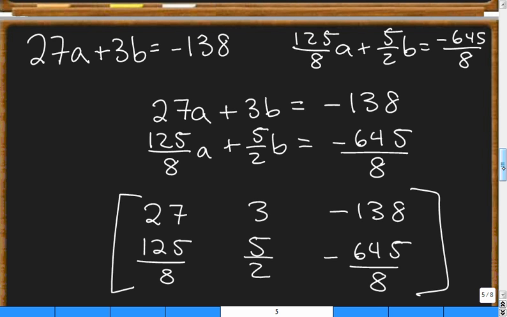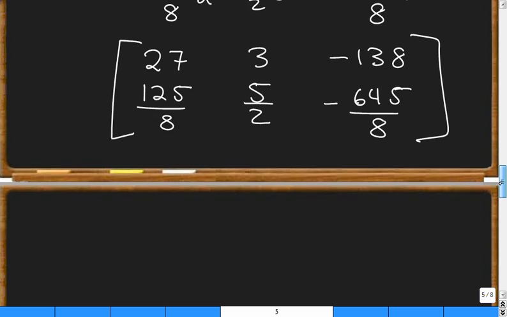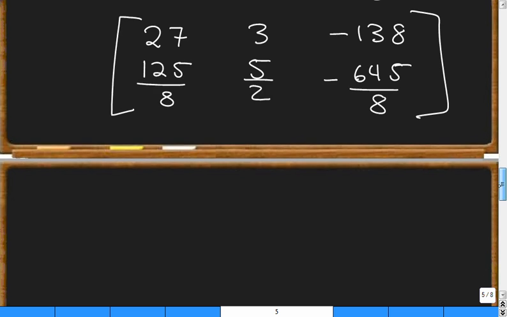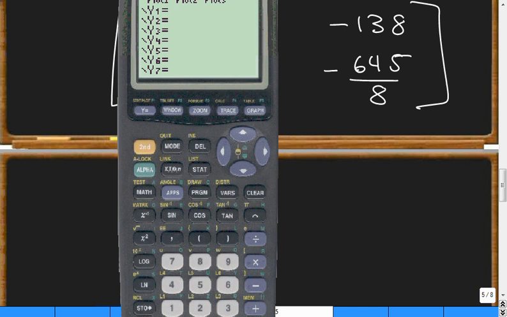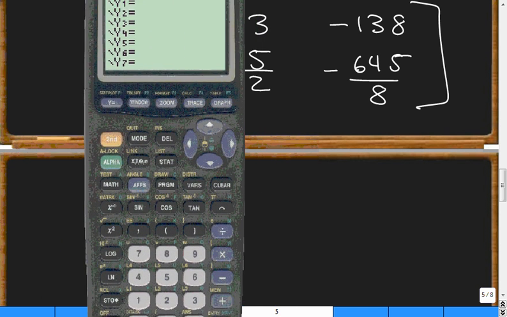So we're going to put this into our calculator, and it's going to tell us what our A and B are. And those are the only solutions to the equation. Matrices are used to help solve simultaneous equations, and we're going to use that feature of our calculator. Now you can do this by hand, and it's just a little bit more complex.